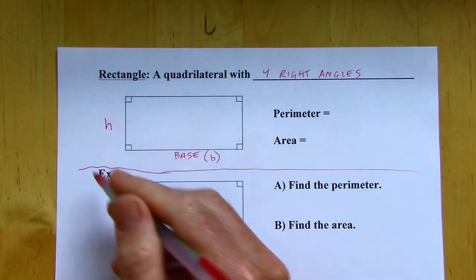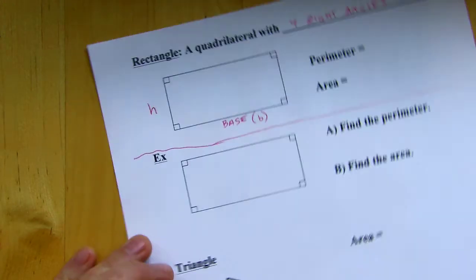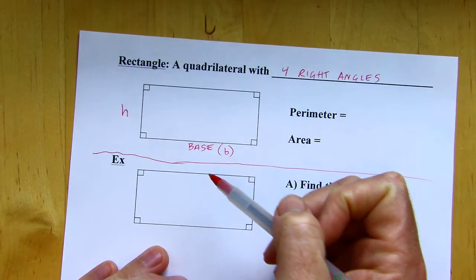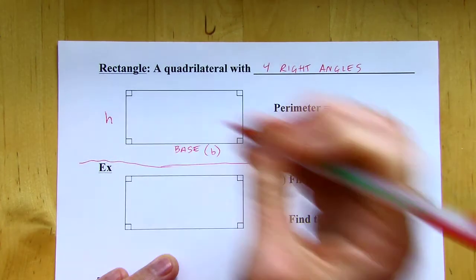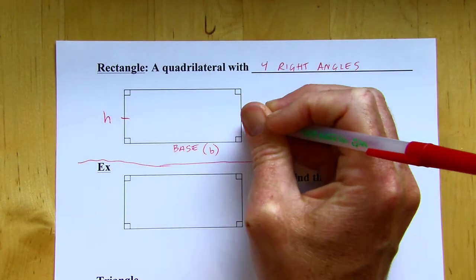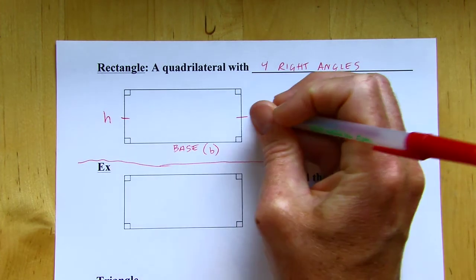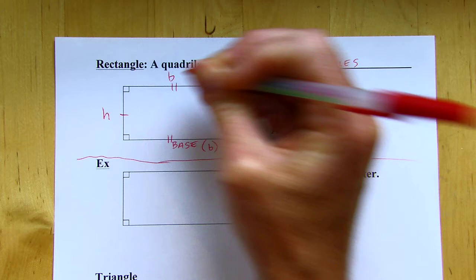Now the base could be on the side and the height could be on the bottom, because I could do that, right? So base doesn't necessarily mean it's on the bottom. It's just that the base and the height are going to be perpendicular to each other. But another thing that's true about rectangles is that the opposite sides are congruent. So if this is H, this is H. If the bottom is B, the top is going to be B.